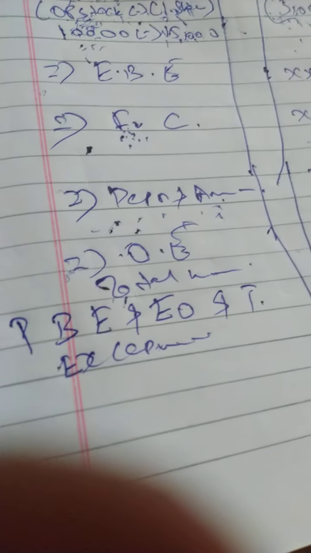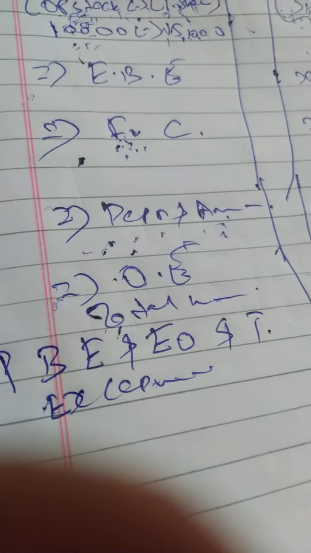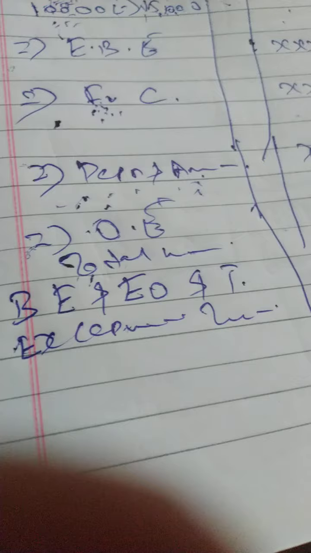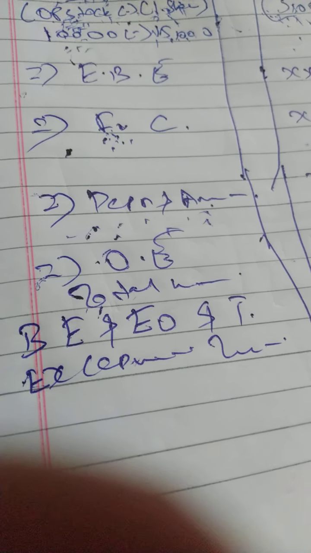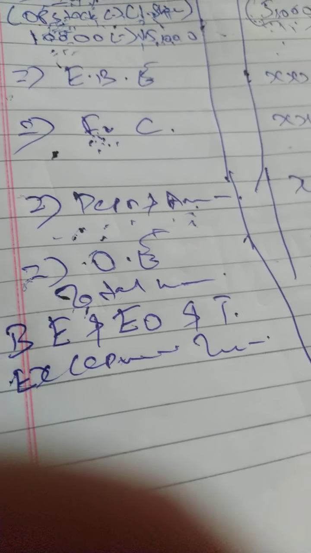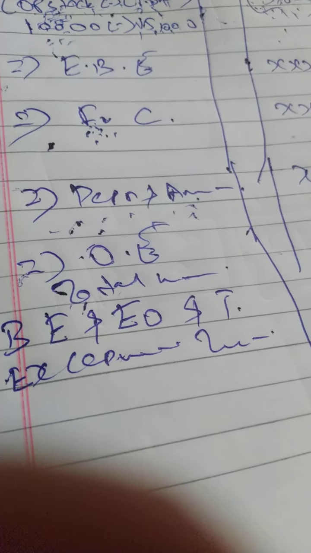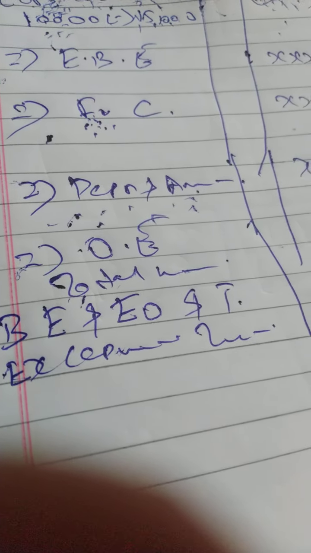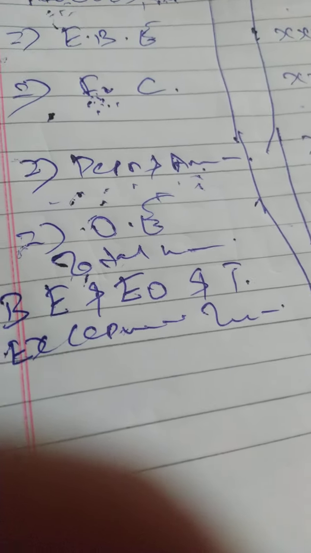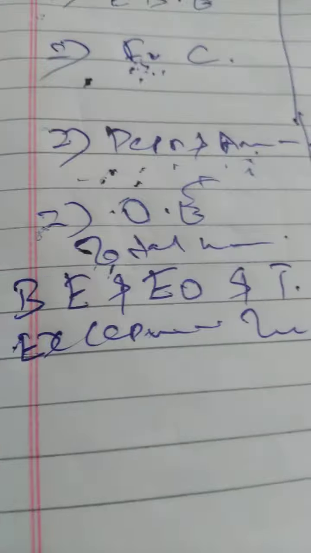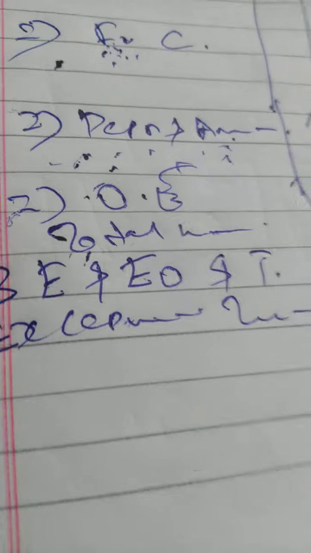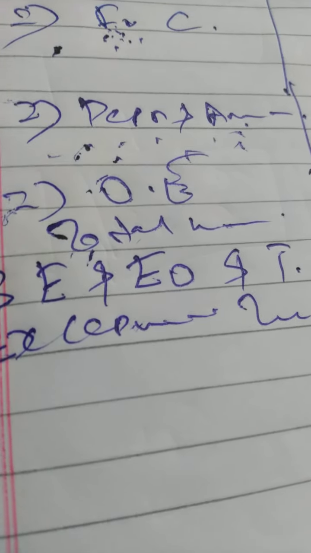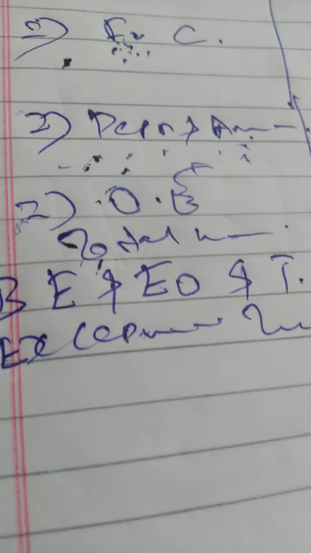What is the meaning of exceptional item? Exceptional item means it is generally related to business, but normally it won't recur in nature. Non-recurring in nature but related to business.